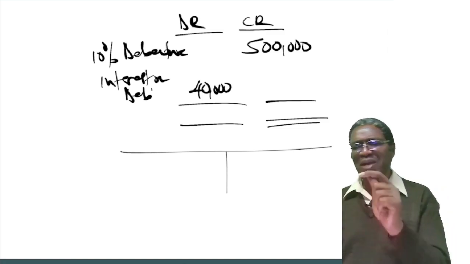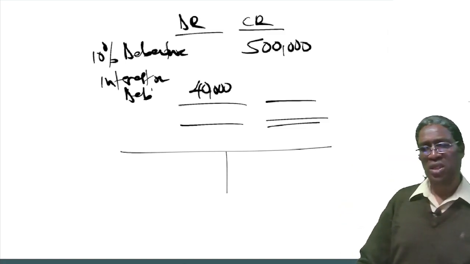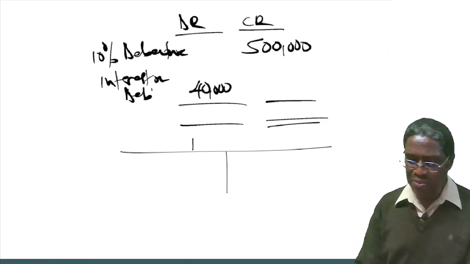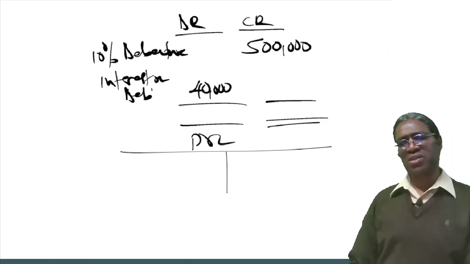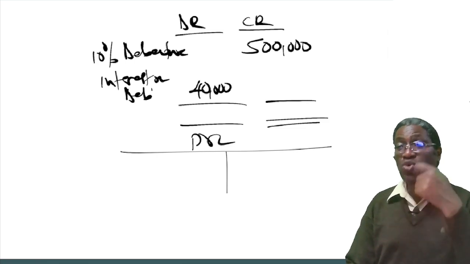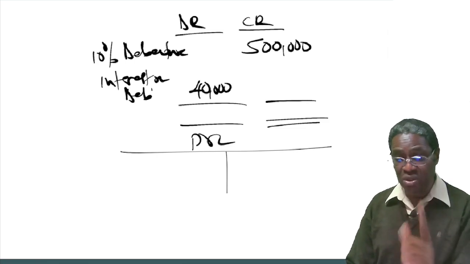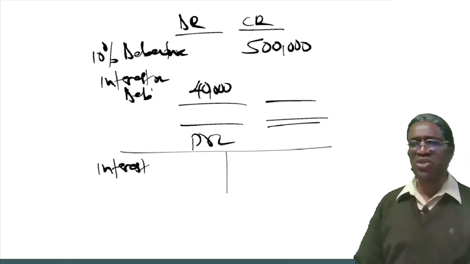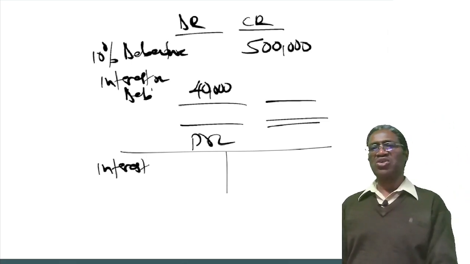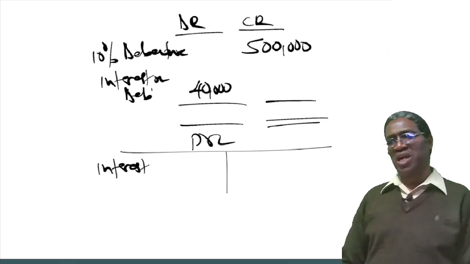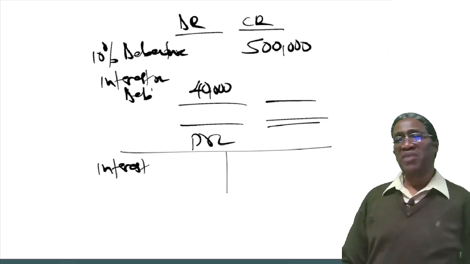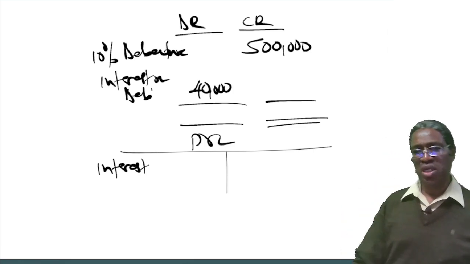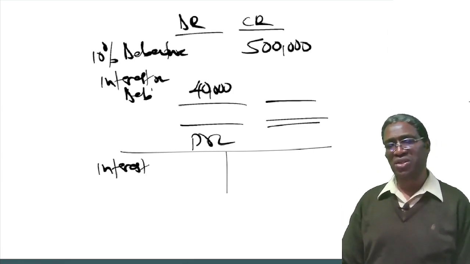If you are given a trial balance of this nature and you are told to prepare an income statement, that means a P&L account, tell me this: how much were you charging as interest?